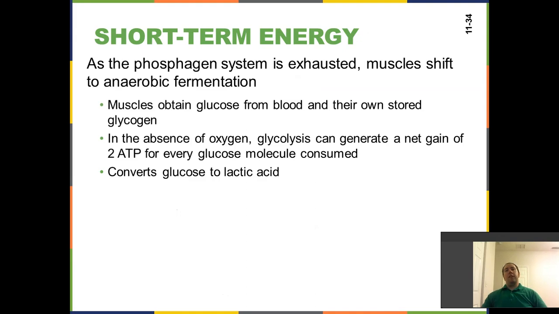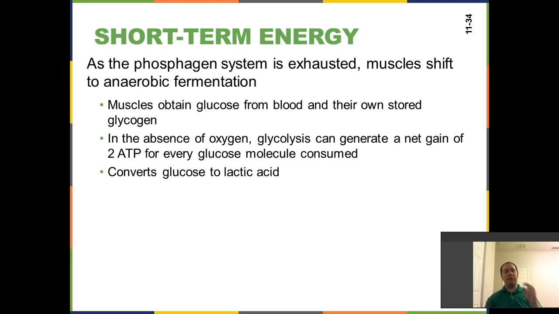When the phosphagen system is gone, then we have to convert and move over to the anaerobic fermentation. This, we said, allows muscles to use glucose, but in this situation, they're not reliant on the circulatory system to get them extra oxygen, because the circulatory system cannot get them oxygen as fast as they need it.